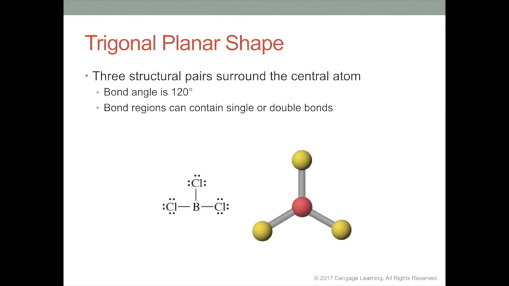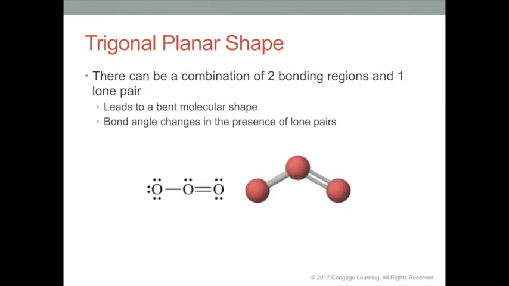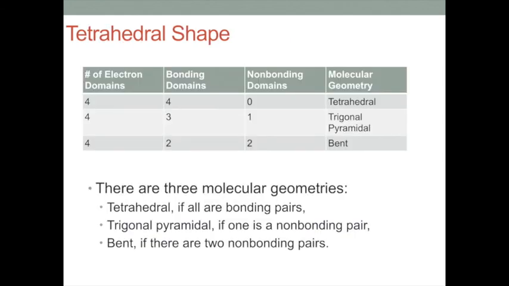And there's 120 degrees between the outside atoms. And then here's the bent shape. That was our next one. This one has 2 bonding, 1 lone pair, and it's called bent. Okay, so that's it for trigonal planar.